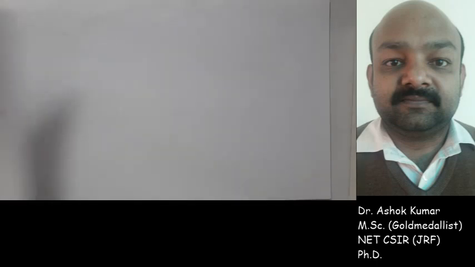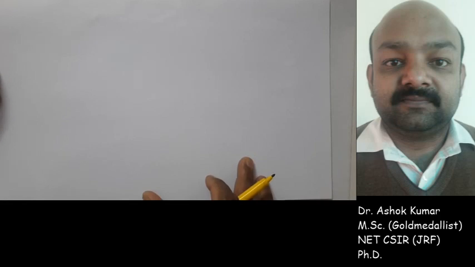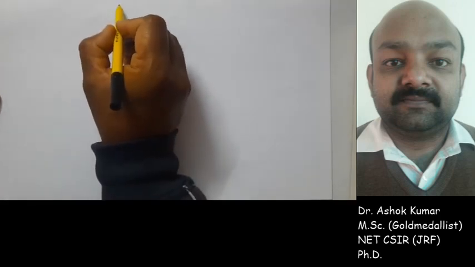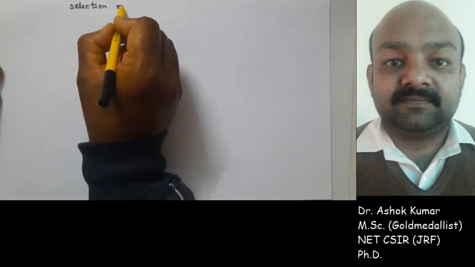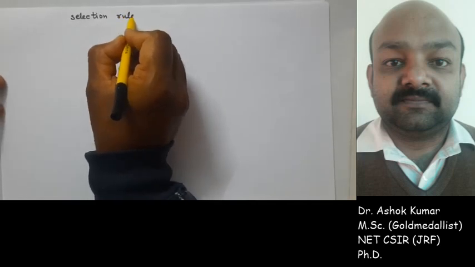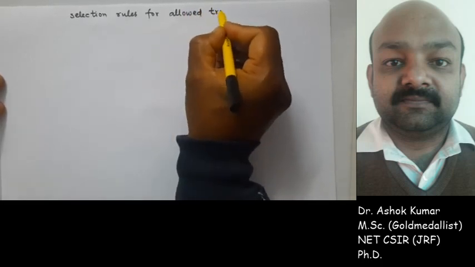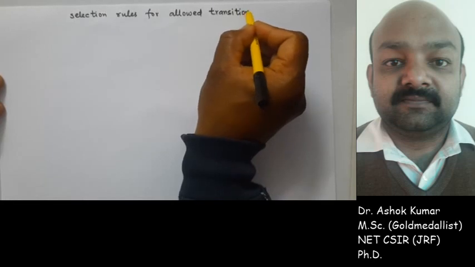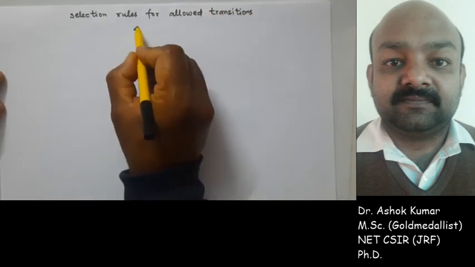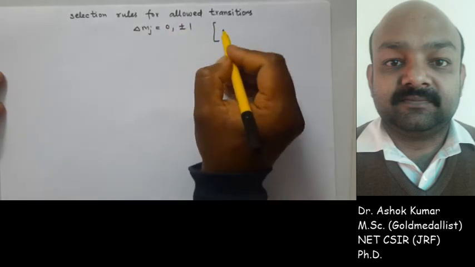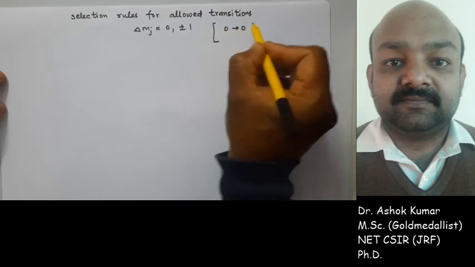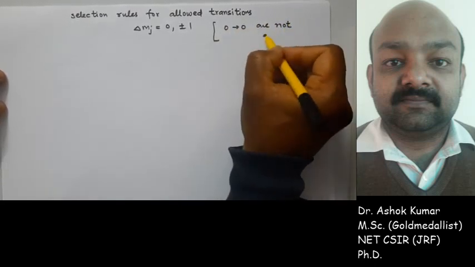For this we have various selection rules. In quantum mechanics, the selection rule for allowed transitions is that delta Mj should be either 0 or plus or minus 1, but we should keep in mind that 0 to 0 transitions are not allowed.